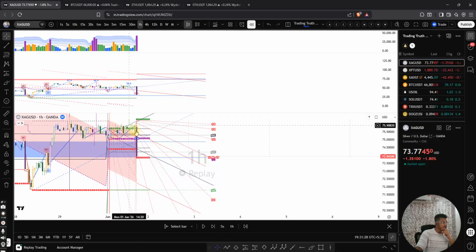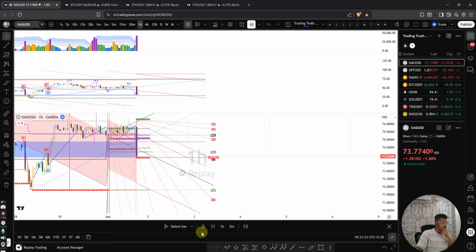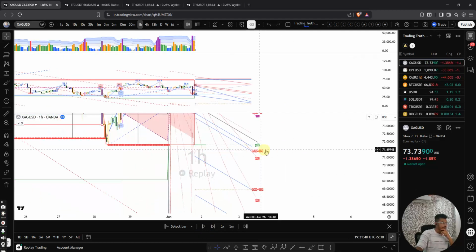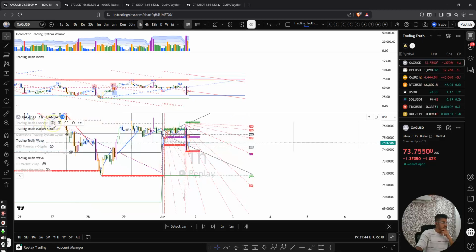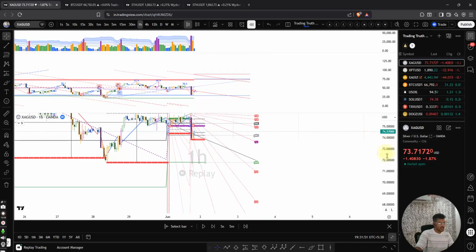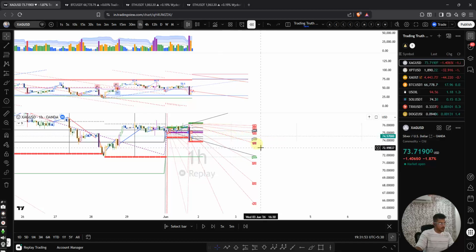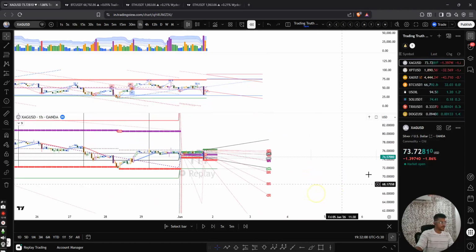I'll just disable that one for a moment. So see all these trend lines, 1 by 1, 2 by 1, 3 by 1, 4 by 1, and then 8 by 1.